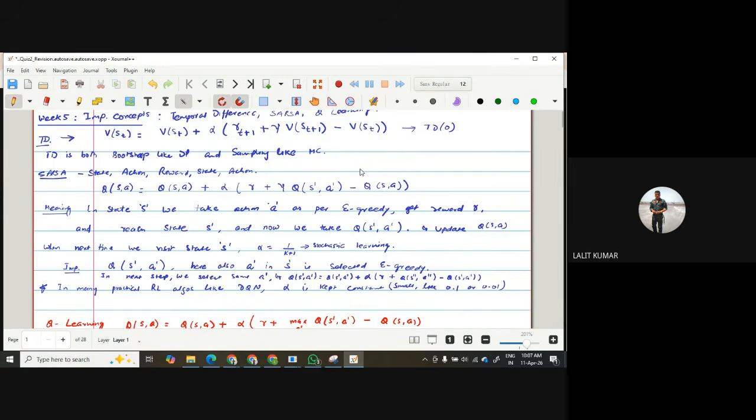TD(0) means that we are covering only the next step, and in week 6 we will see TD n-step also. So SARSA is nothing but TD(0), where we are considering only the next step, and we update.